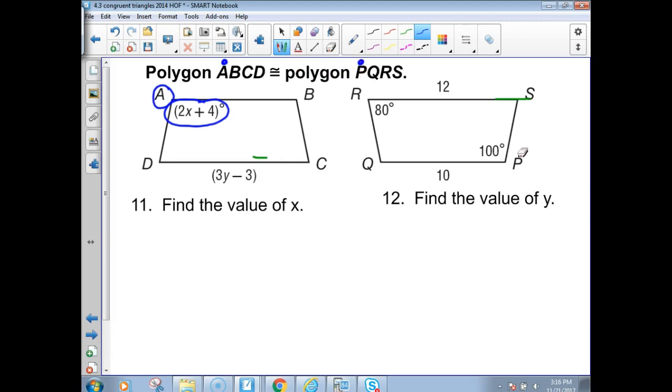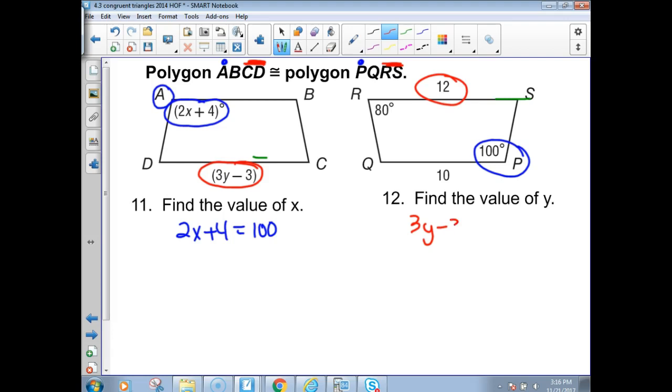P. All right, so I'm just going to set up 2x plus 4 equals 100. All right, and then let's look at how to solve for y. Y is on side DC, and that corresponds to, yep, SR. So it corresponds to the 12. So all we're using is these parts, 3y minus 3 equals 12.